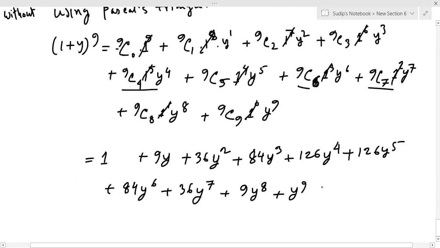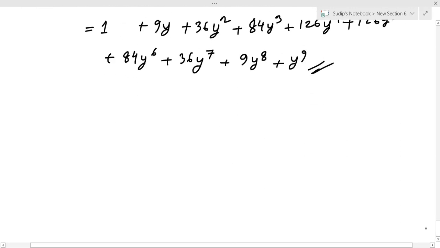We didn't have to use the Pascal's triangle for the expansion. This is the idea of n choose r. N factorial means n into n minus 1 into n minus 2 and so on, down to 3, 2, 1.